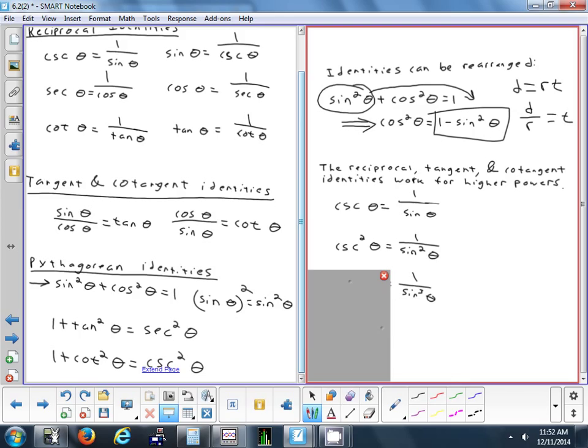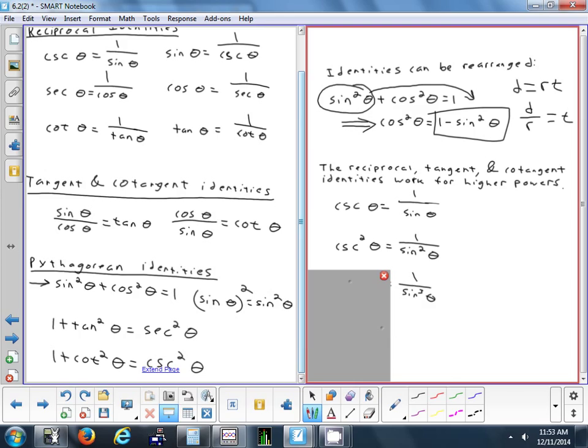What about if you flipped sine cubed? What do you think that would give you? Emily? What do you think you get if you flip sine cubed? What'd you get? So if you flip sine, you get cosecant. Flip sine squared, you get cosecant squared.